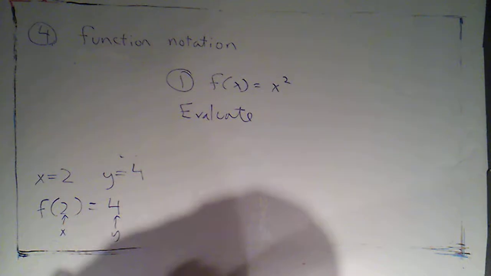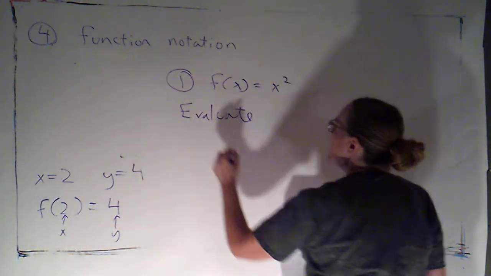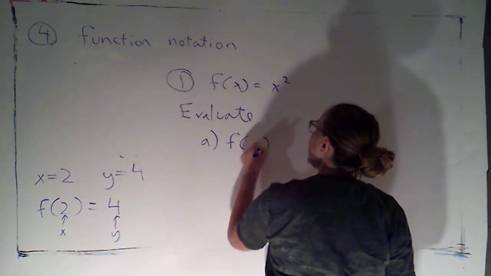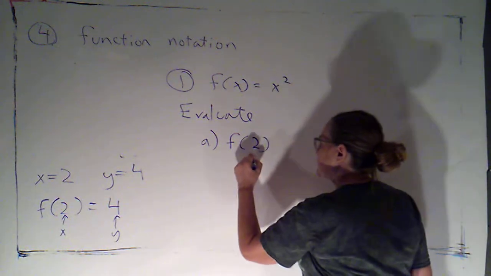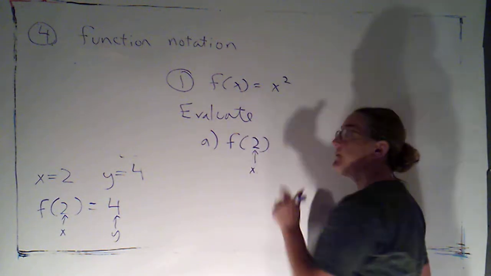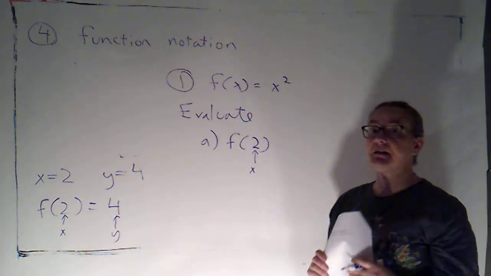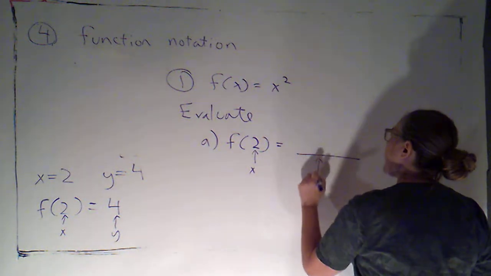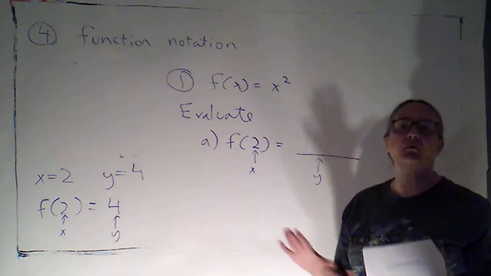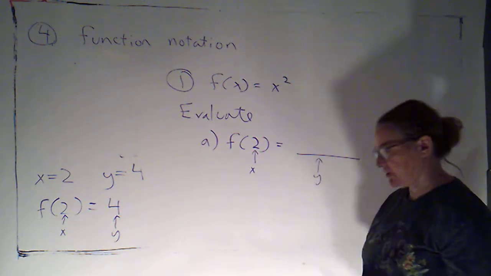Here we have it. Okay, part A was f of 2. So that's telling me that my x value is going to be 2. I'm supposed to plug that into the function. And what I need to do is figure out what's my y value. That's what I'm doing when I'm evaluating a function.